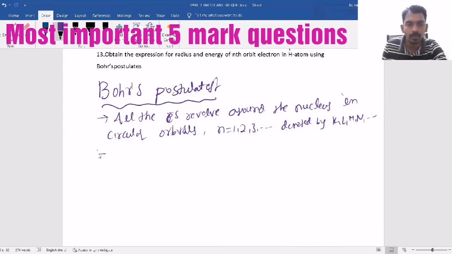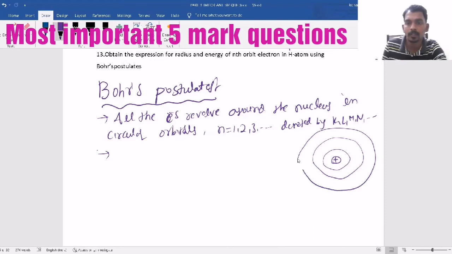So, when you consider the second postulate, see here, this is the nucleus, the positive nucleus. So n equal to 1, n equal to 2, and so on. Now, when you consider the nth orbit, the electron will move with a particular speed in a particular orbit of radius Rn.